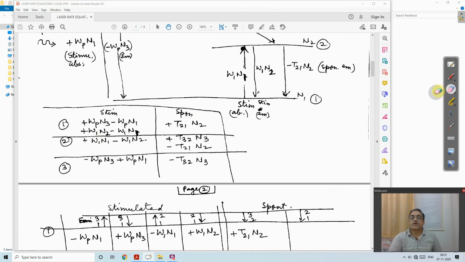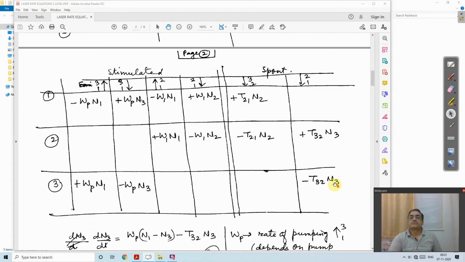Now we can summarize it in one more way to give a better understanding. We see stimulated and spontaneous transitions. The train from station 1 to 3 and from 3 to 1. Level 1 is being depleted.